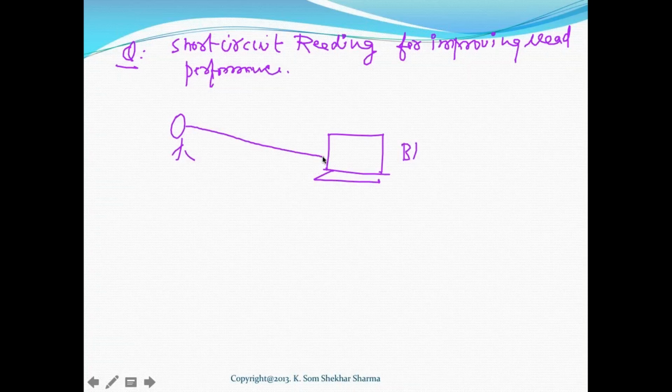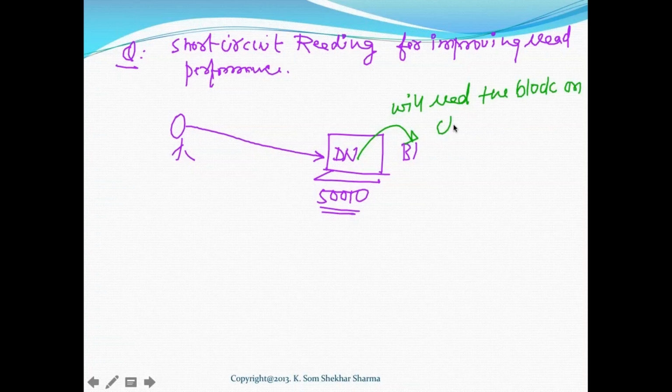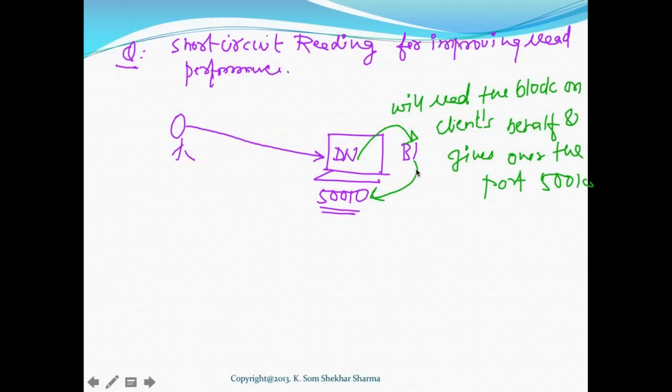Whenever the client requests the data node on the port 50010 that I want to read the B1 block of data, the data node will read the block on the client's behalf and give the entire block of data over the port 50010 on which the data node is listening, and then it goes to the client.